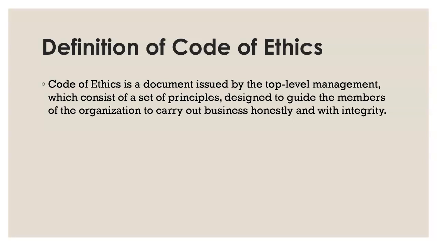So let me just break down this definition for you so that you get an idea of how it works. The first thing you need to understand is that it is a document. The second important thing is that it is always issued by top level management. So obviously the people who are leading the organization are the ones who create this document. And what does it exactly consist of?